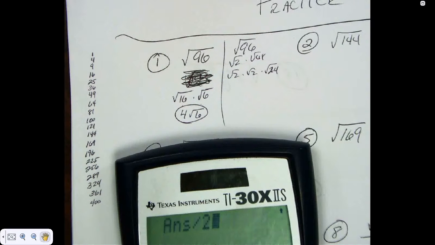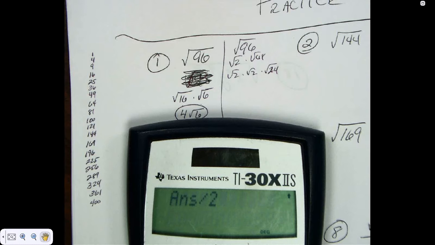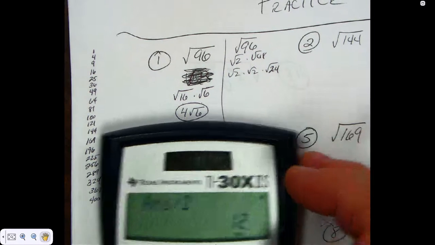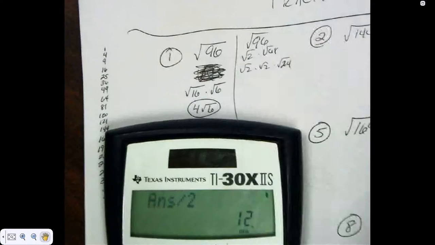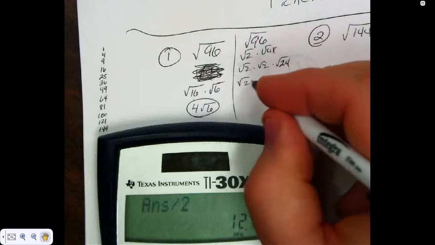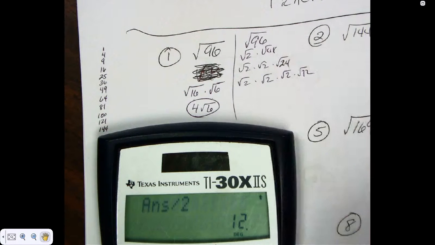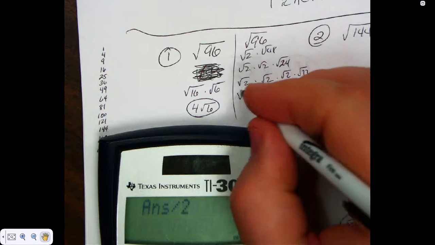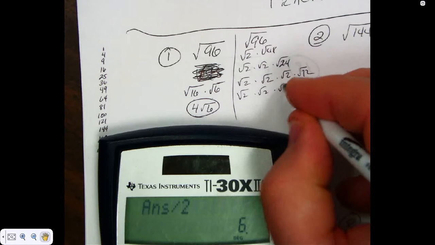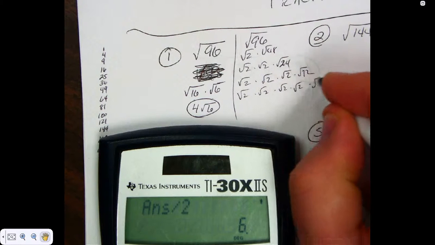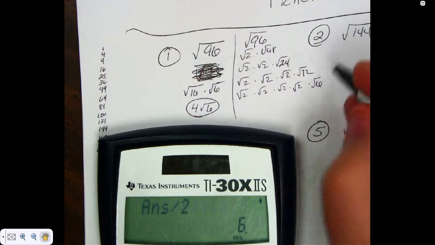Then divide it by 2 again. So we've got square root of 2 times square root of 2 times square root of 2 times square root of 12. Divide by 2 again. Square root of 2 times square root of 2 times square root of 2 times square root of 2 times square root of 6.